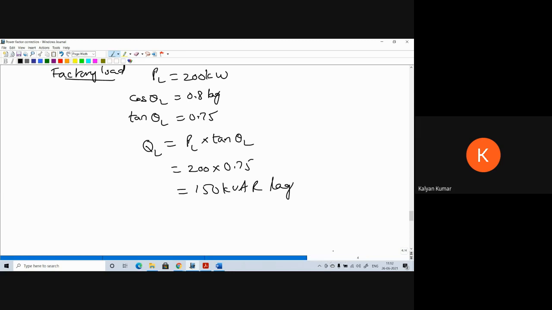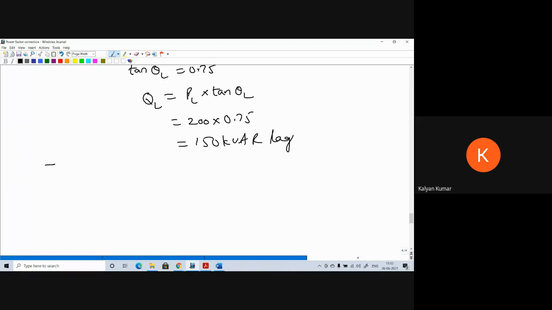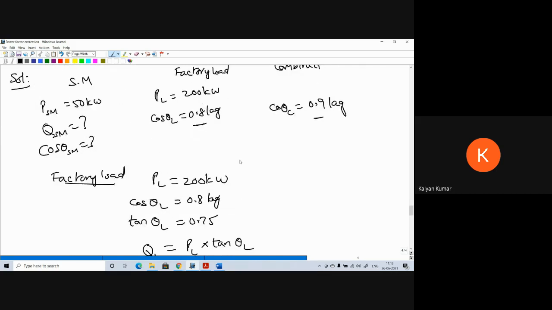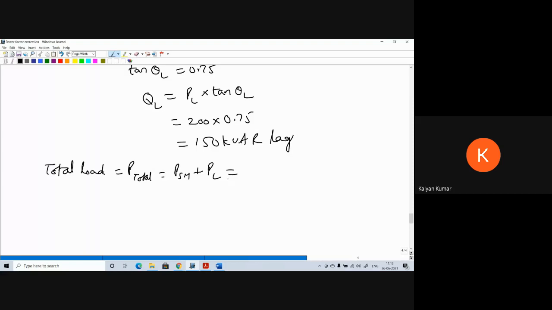Next, the total load. P total is equal to the synchronous motor input power plus the load input power. The synchronous motor is drawing 50, the load is drawing 200, so 250 kilowatts. The combined power factor cos theta is 0.9 lag.